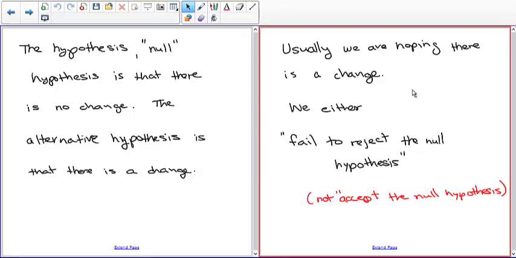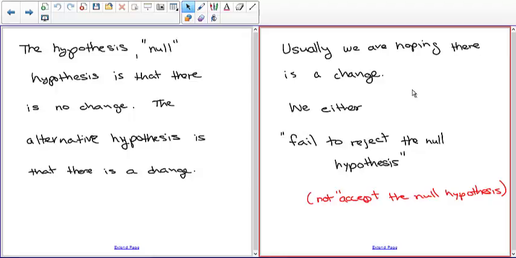It's a double negative. Seems like a crazy thing to do, right? But there is a reason behind it. We're never certain, because we're doing this to a certain confidence, so we're never 100% sure. I think that's why they say fail to reject the null hypothesis.